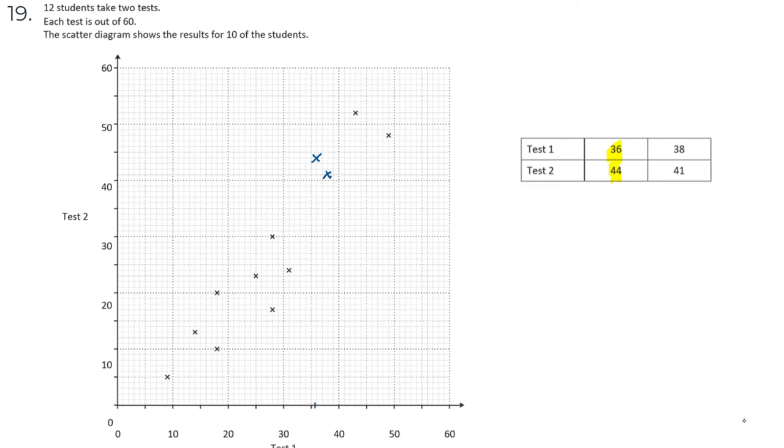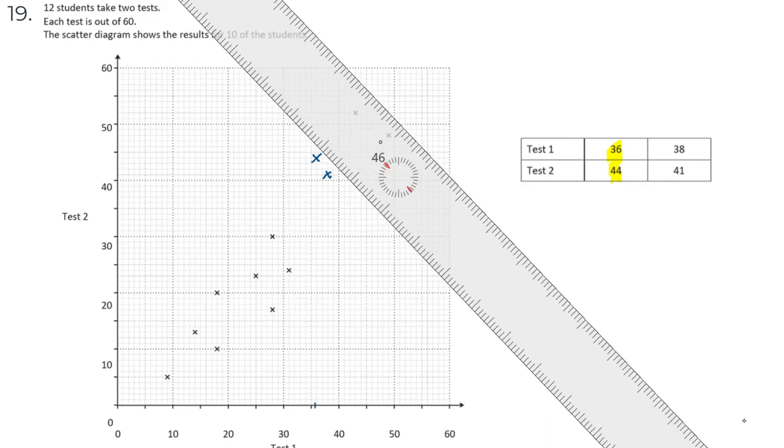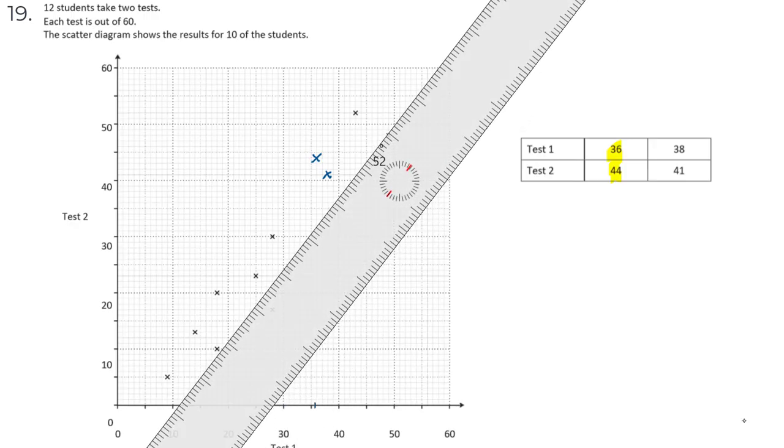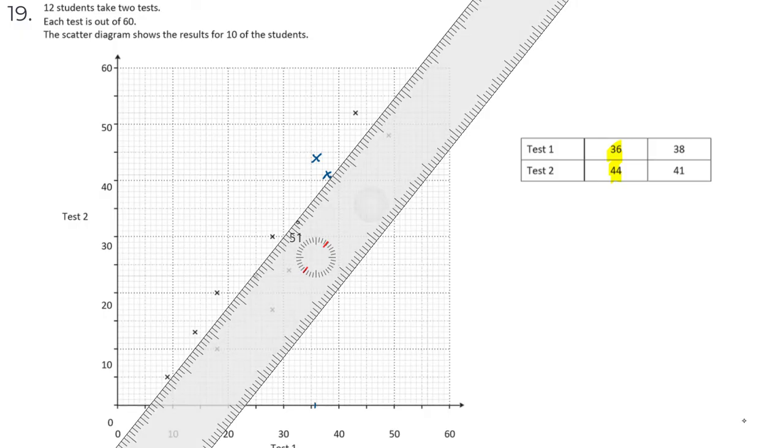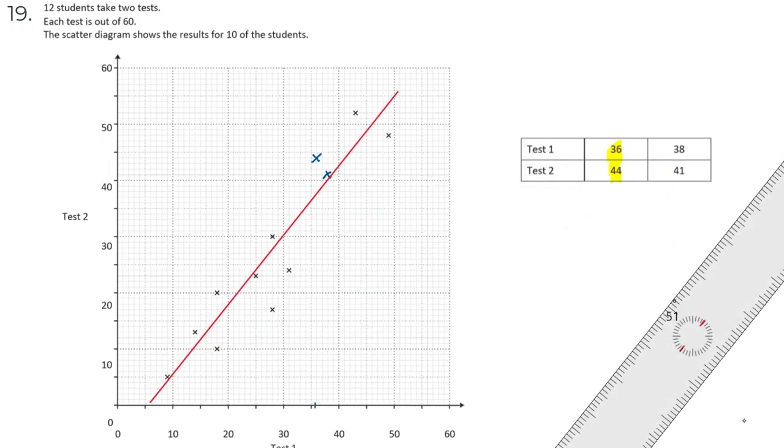Now, part B wants us to describe the type of correlation we have here. This is nice and straightforward. Look, we've got a clear upward trend going on here. If I was going to draw a line of best fit on, it would look something like that, which is definitely sloping upwards, isn't it?